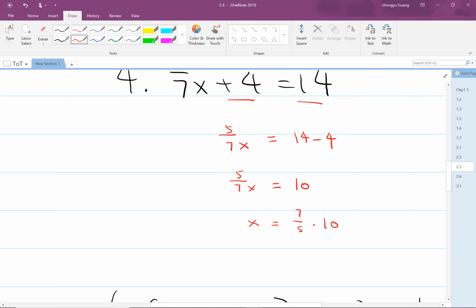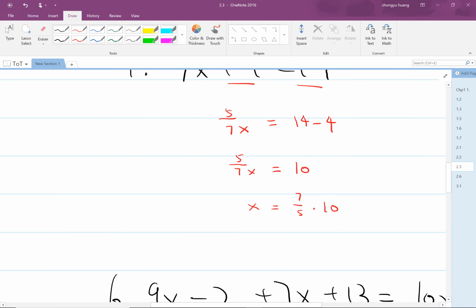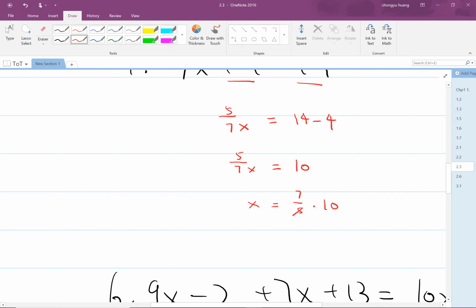So 5 over 7 moving to the other side, we just flip it, or it's the reverse, so it becomes 7 over 5. Over here, the 5 gets cancelled and 10 becomes 2, so it just becomes 2 multiplied by 7, which is 14. So x is equal to 14, because 2 multiplied by 7 is 14.